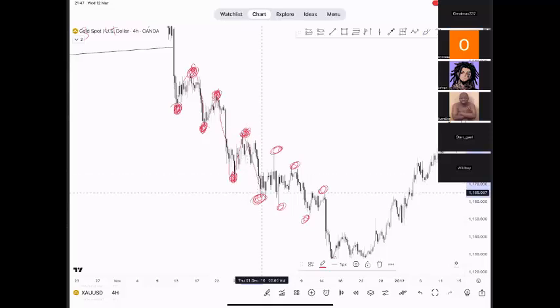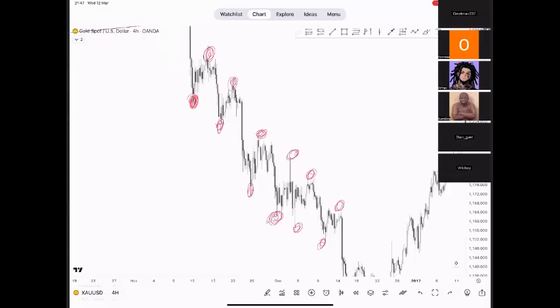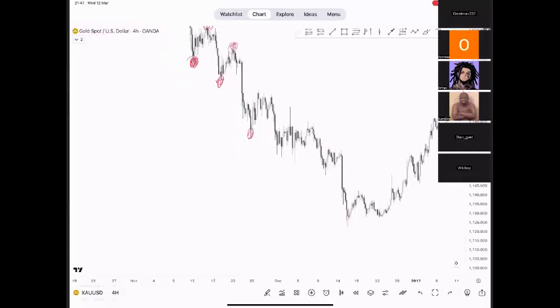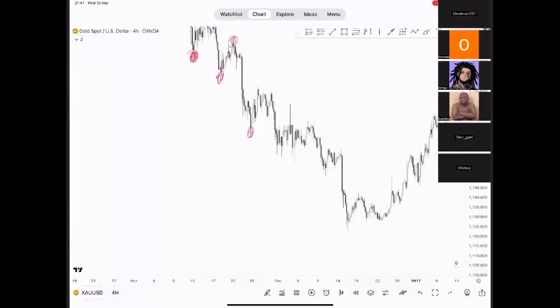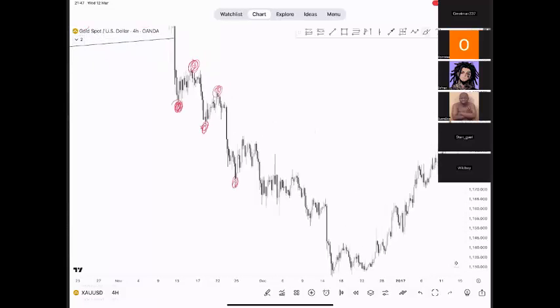So you understand why this particular point here is our lower high and not this one. Why? Because this is the highest point that price got to before putting in a new low. This was the highest point that price got to. So this is not a lower high.